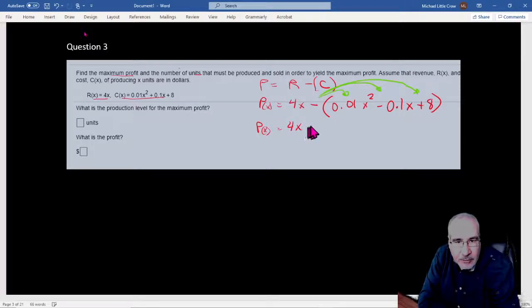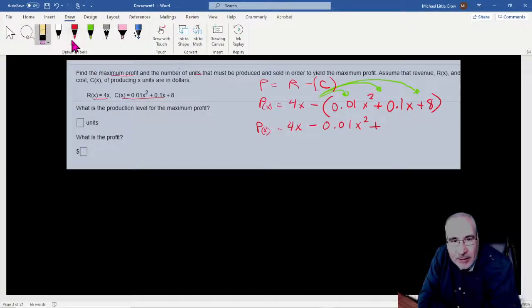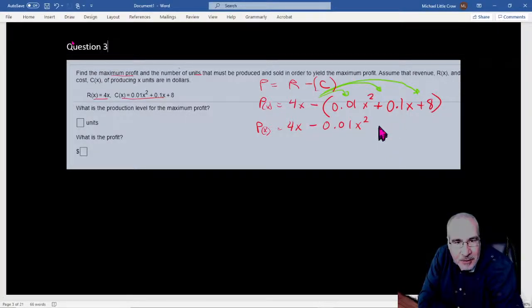So our profit function is 4x minus 0.01x squared plus, wait, even when I'm trying to pay attention, I can easily make a mistake. It's hard to talk and solve things.